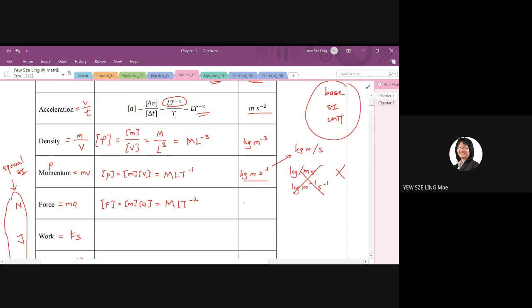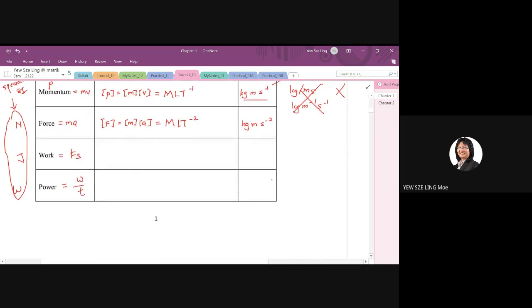When you change it into SI unit, it is kg m s negative 2. So this is the SI unit in terms of base units. Make sure you know how to find the base unit, because exams like to ask this question.